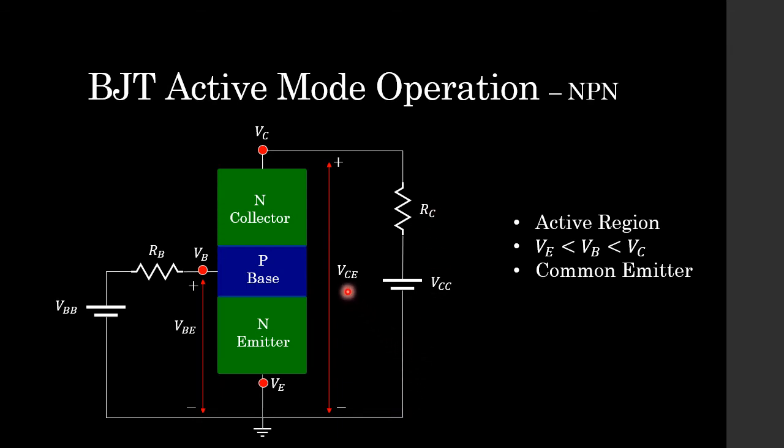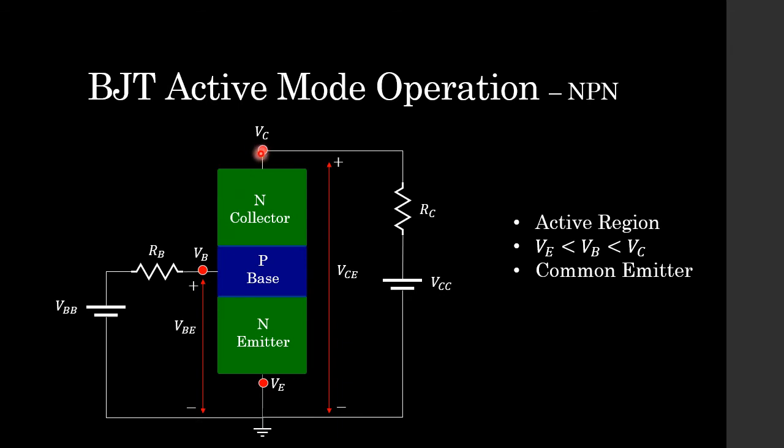We have our voltage VCE, which is between the collector and the emitter terminals. We have our voltage VBE, which is the difference between the voltage at our base and our emitter terminal.